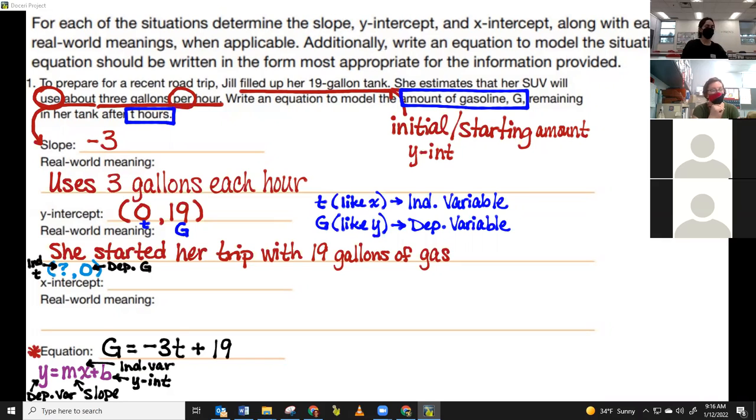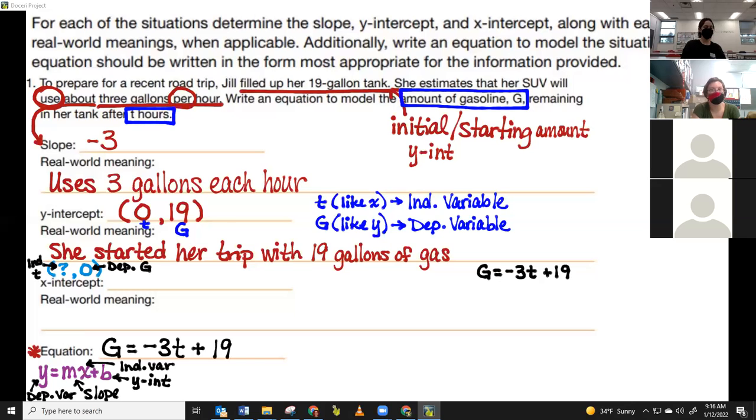I am going to use a -3. I've got this whole equation here. I have G equals -3t plus 19. Could you subtract the 19 on both sides, then divide it by -3?